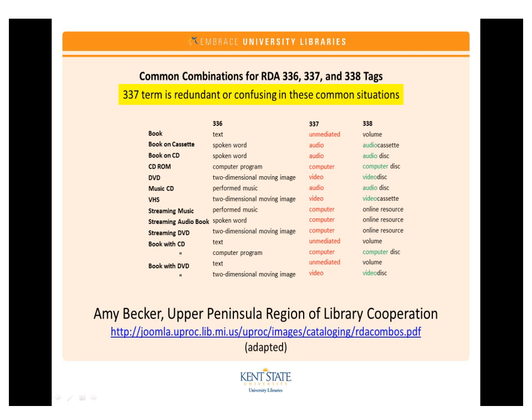At Kent State University Libraries, the members of the cataloging committee consulted with public services personnel as much as possible about what to show to the public. After seeing common combinations of terms used in the 33X fields, it was an easy decision to suppress the 337 from public view. The terms in the 337 are pretty general and duplicate the root words of the 338.